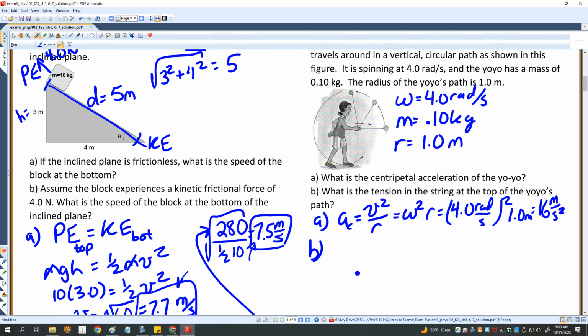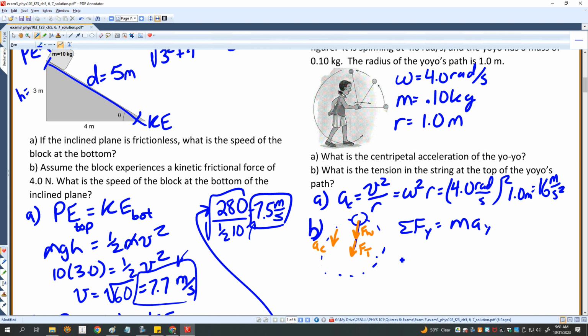So as this yo-yo travels around, notice that there are two forces acting on it. There is a force that is the weight, that's Fw, and then there's also the tension, F tension. The combination of these forces give the centripetal force. And then also recognize that the acceleration at the top is in the downward direction, so it's negative. So I can say that the sum of the forces in the y direction is equal to ma_y.